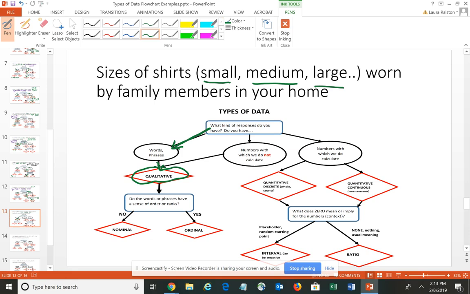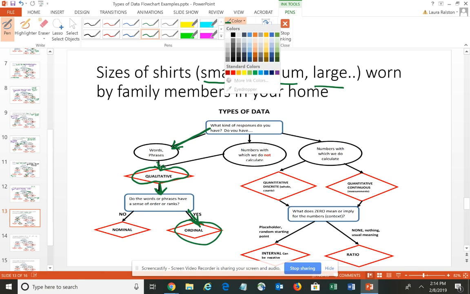And so then I want to think about, is there a sense of order here? Well, when you're talking about shirt sizes, there is a sense of order, because small would be the lowest level, then medium, then large, then extra large, then 2X and 3X. So there is a sense of order or rankings there if you rank them low to high. So we have to say yes, there is a sense of order, which makes it ordinal.